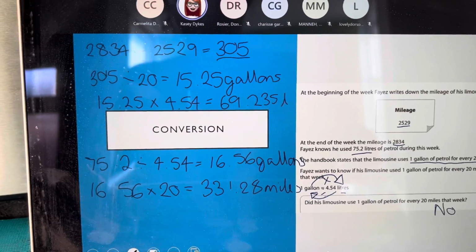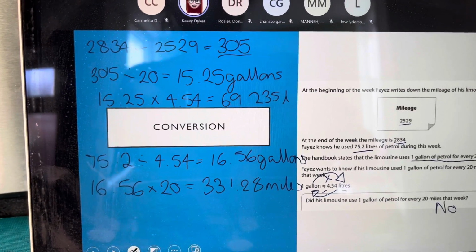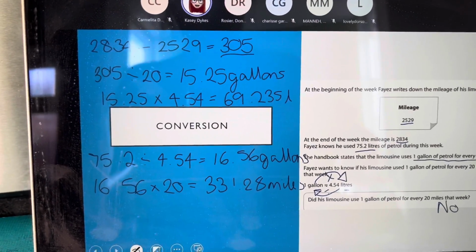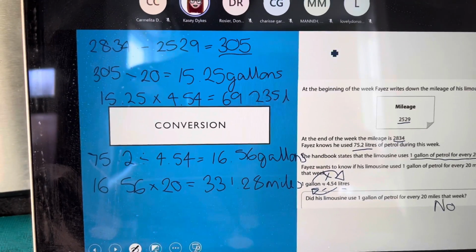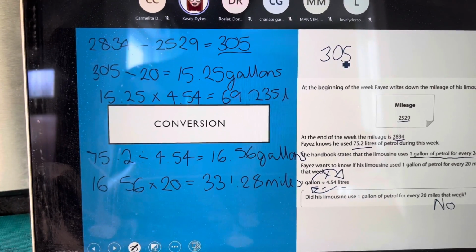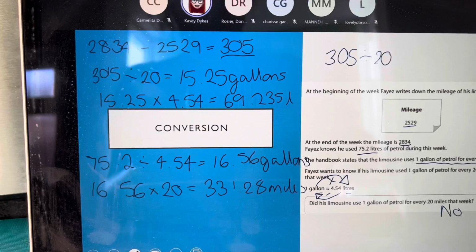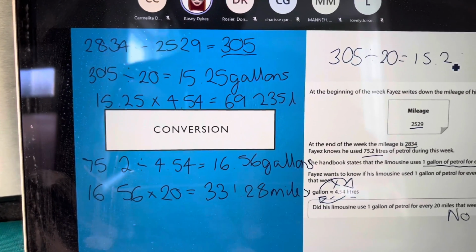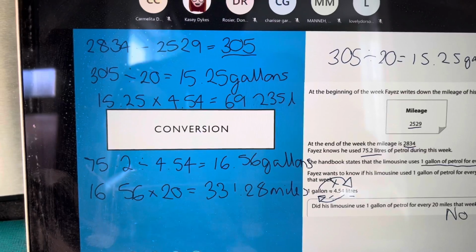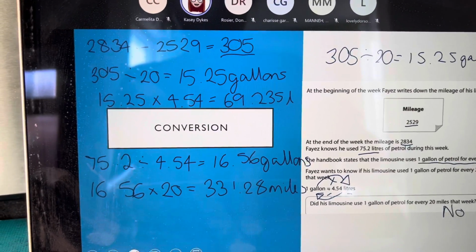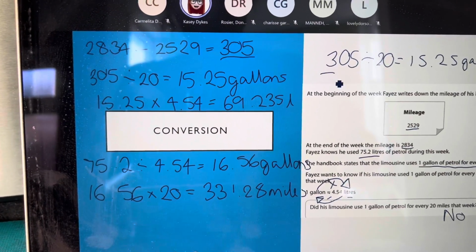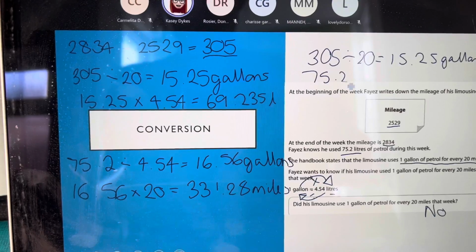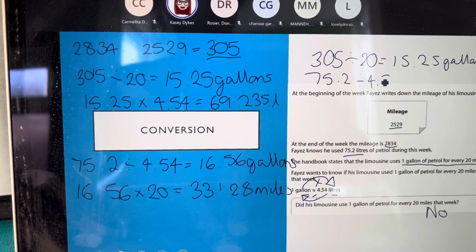The third option is to think about something that I've already done for the other 2 questions. So my 305 divided by 20 to get my gallons per mile. And then also where I've converted my litres into gallons, 75.2 divided by 4.54.